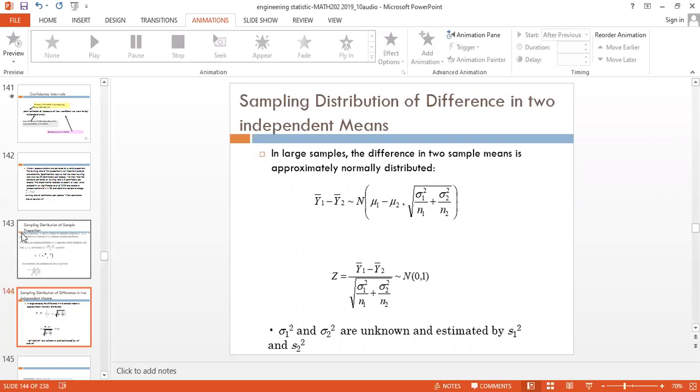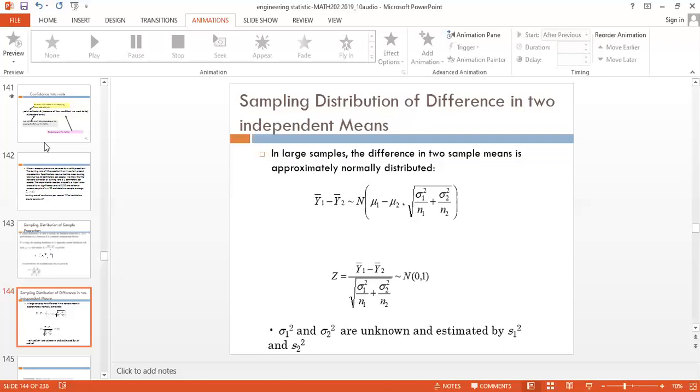For the differences of two means, when we talk about two means, we are talking about two population means. So we have information from two different results. For example, there is an existing way of planting some breed of crops, let me just take corn for an example, and then you want to test the effectiveness of a new fertilizer brand.